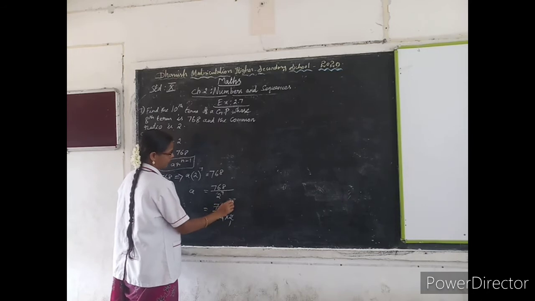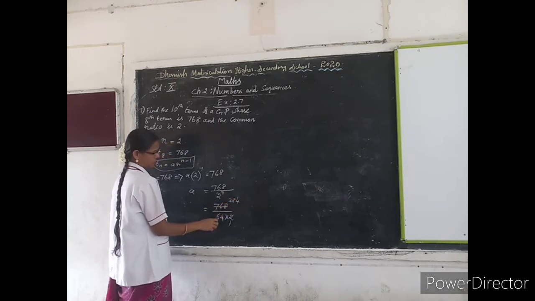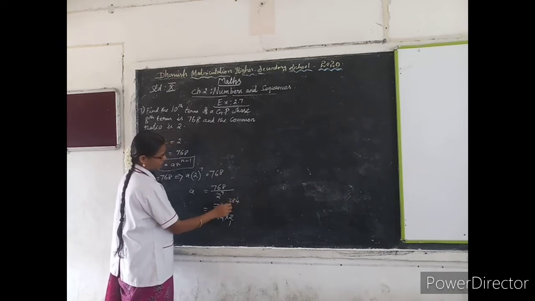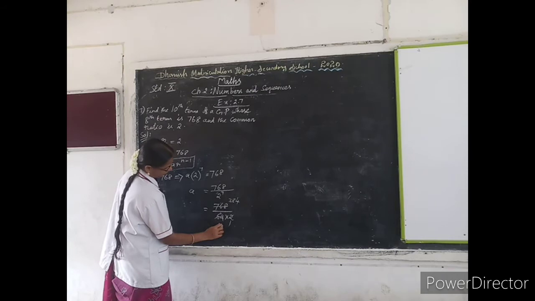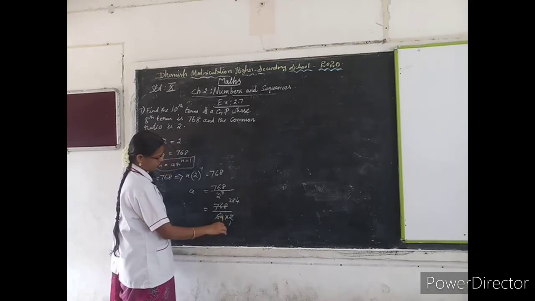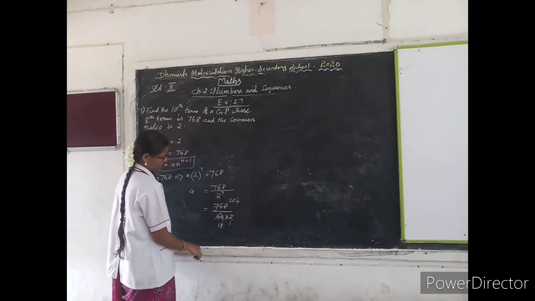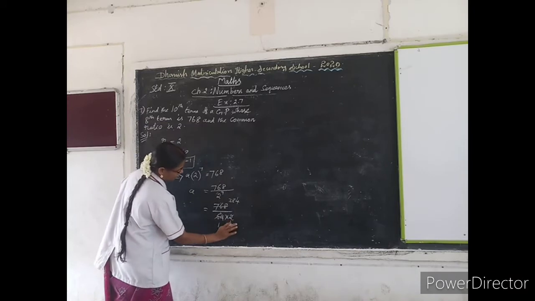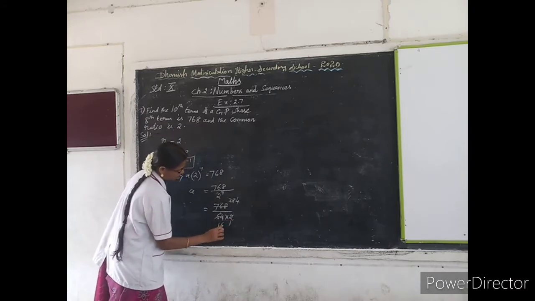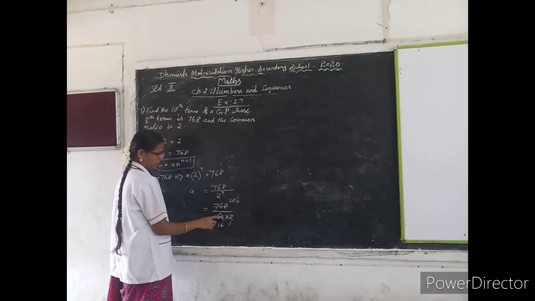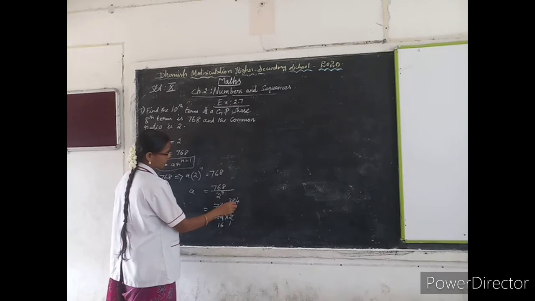6 into the 4 times. From the 4th table, 1 times remainder 2. 8 4s are, 4th table 6 times. So 1 times remainder 2, 24. 6 4s are 24.